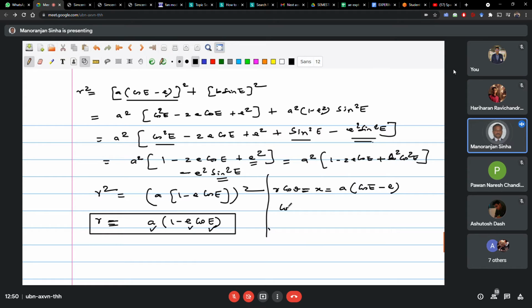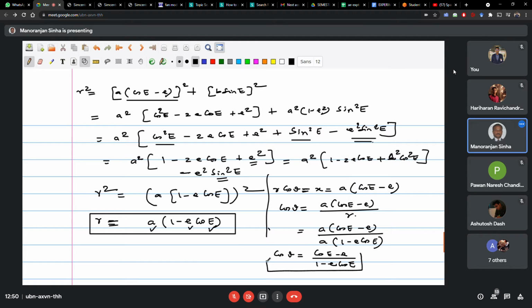So therefore, from this place, cos theta becomes the expression, and this is how your theta is related to the eccentric anomaly.